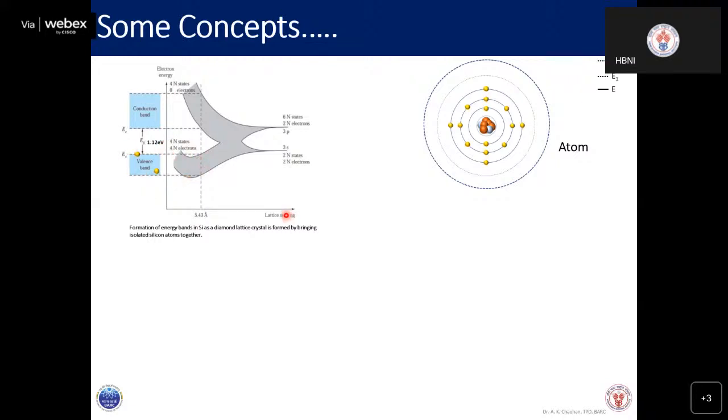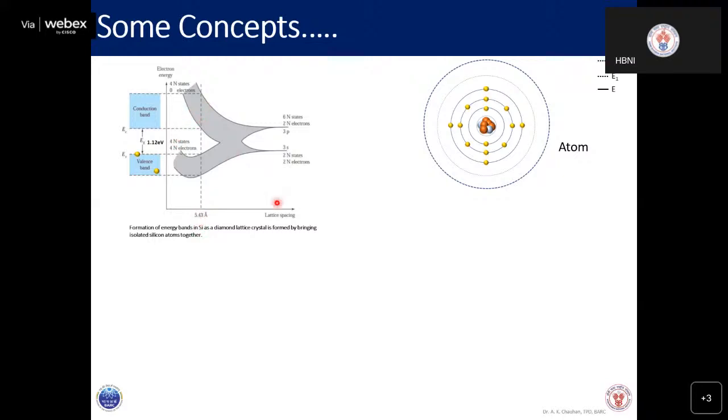If we try to compress the lattice in exactly the same way, so that all the atoms have 5.4 angstrom or 5.2 angstrom in place of 5.43, the structure will be like this.